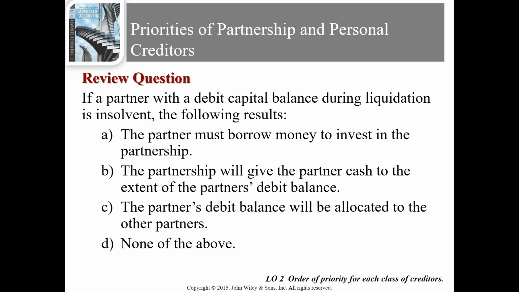A, the partner must borrow money to invest in the partnership. B, the partnership will give the partner cash to the extent of the partner's debit balance. C, the partner's debit balance will be allocated to the other partners. Or letter D, none of the above. And again, hopefully you've answered C as in Charlie.